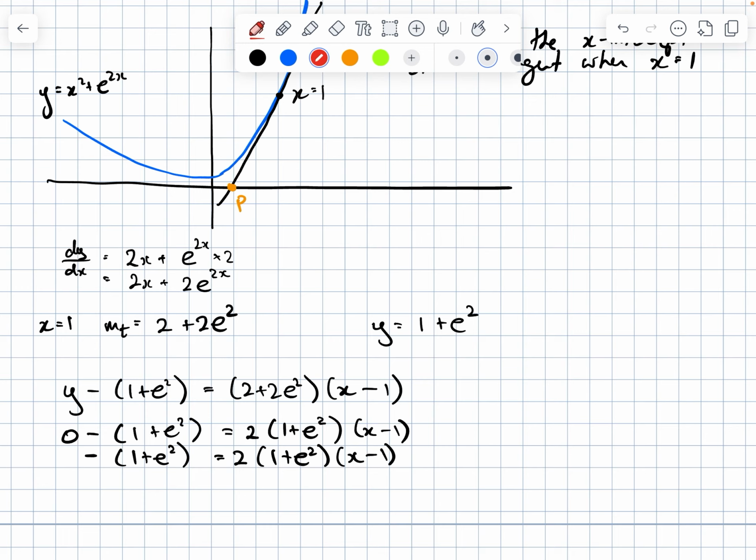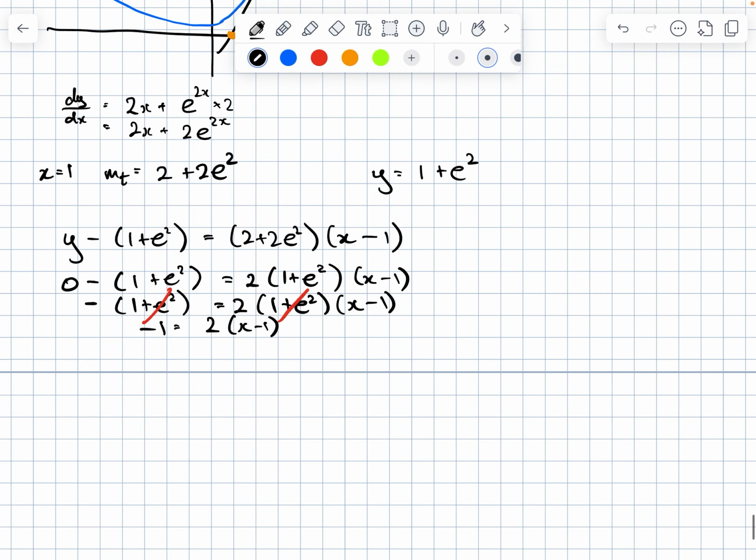There's a common factor of 1 plus e squared on both sides, so they can divide away, leaving us with negative 1 equals 2, x minus 1. We want x, so divide by 2, we get negative 1 over 2 equals x minus 1, and add 1, we get x equals 1 over 2. So the answer for P is 1/2.